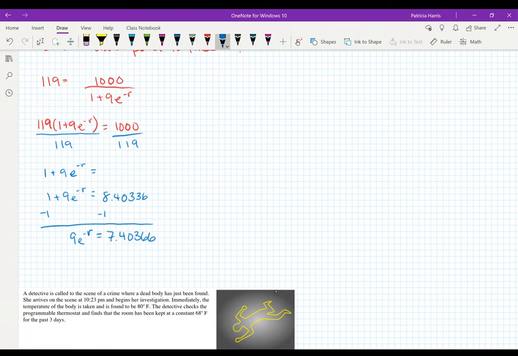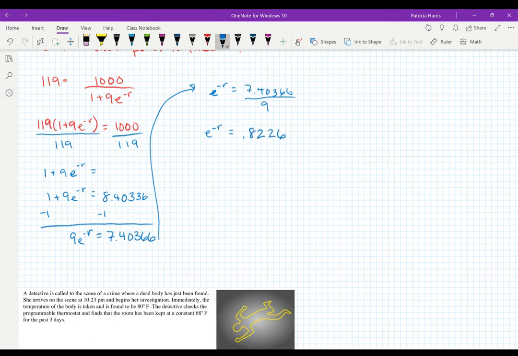Okay, so now I'm going to go up here. I'm going to divide by 9, and that's going to give me 7.40366 divided by 9. I get that.